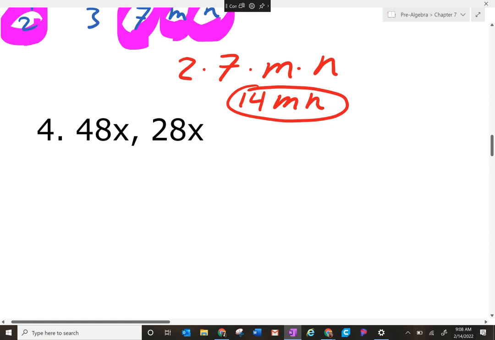So we need to go from this number and this number and bring it all the way down to all the prime numbers. Okay. So whatever they have in common, just circle the ones they have in common.